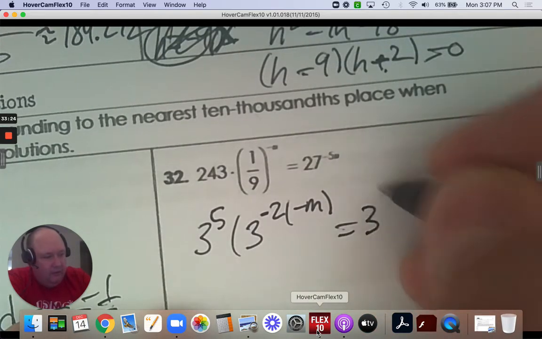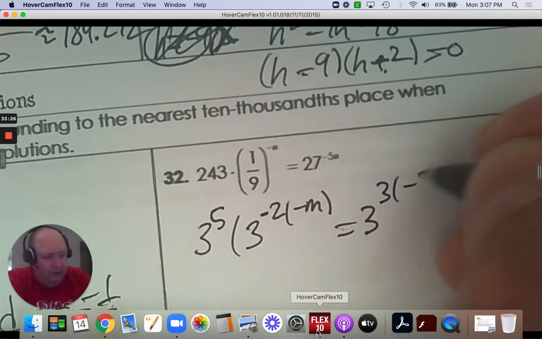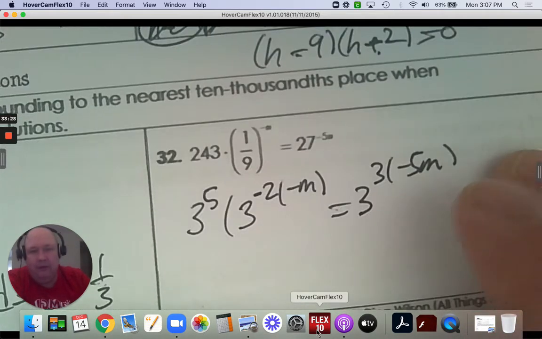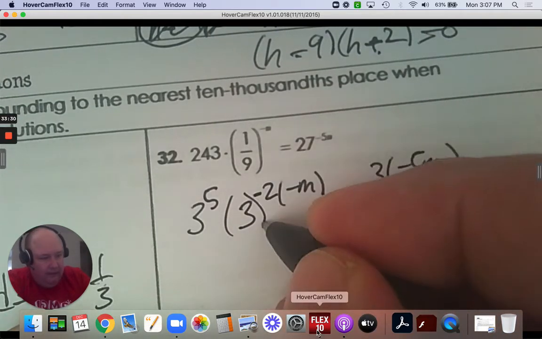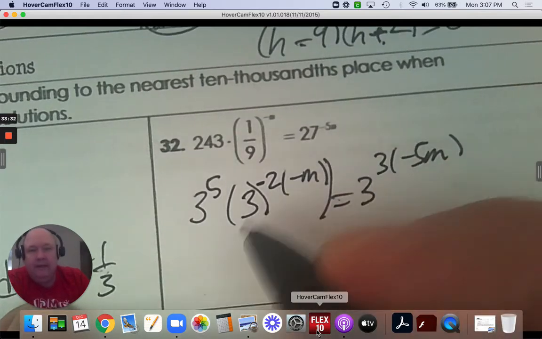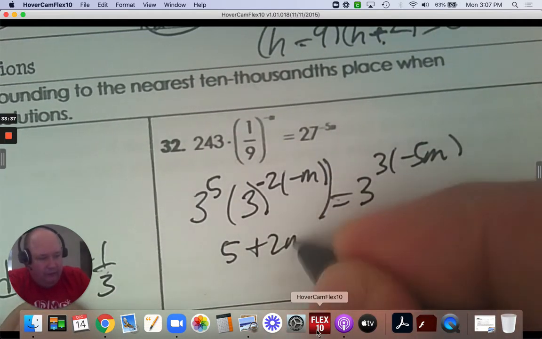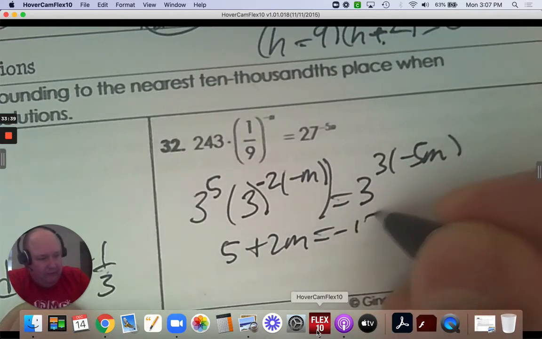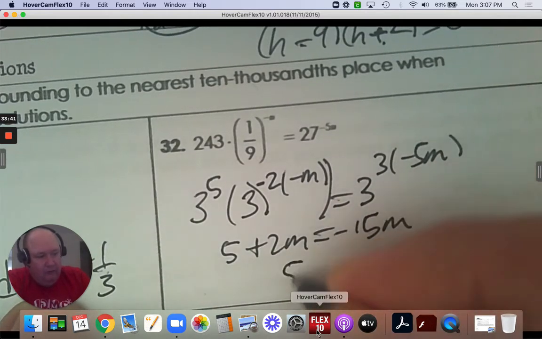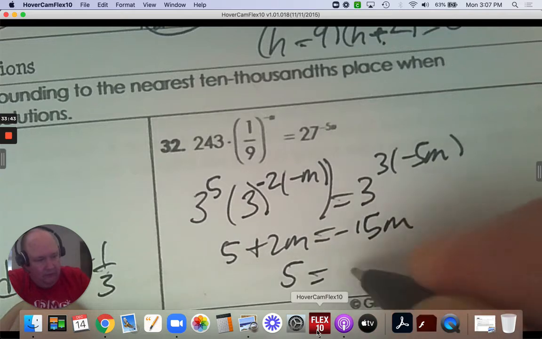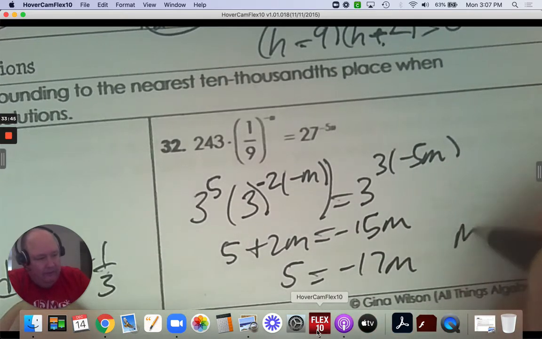And then 3 to the exponent 3, and that's negative 5m. So make all the bases the same. And then a negative times a negative, so that's plus 2m, is equal to negative 15m. Subtract 2m, and then divide.